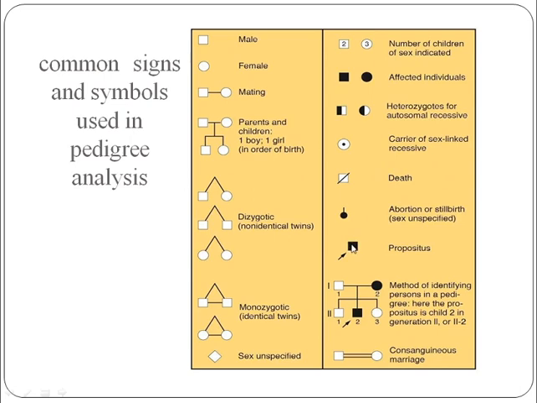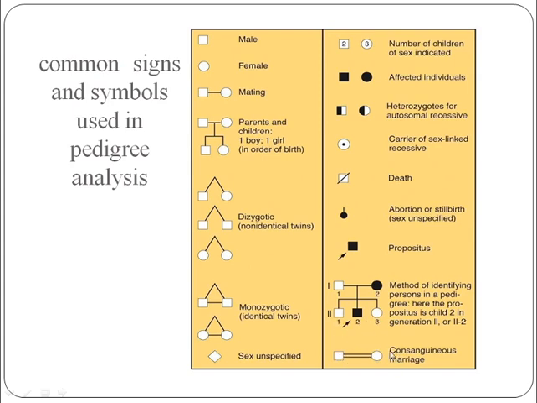Taking this at the center, from this we draw the pedigree chart of his ancestors and even of his children. Then we denote the generations by Roman numerals: Roman numeral 1 for the first generation, Roman numeral 2 for the second generation, and the children of the same generation are denoted by the numbers 1, 2 and 3, like that.